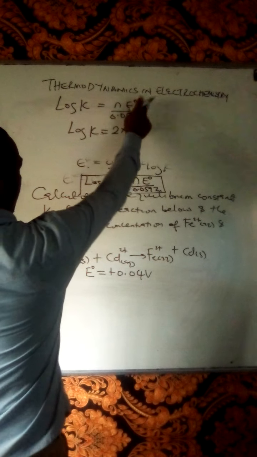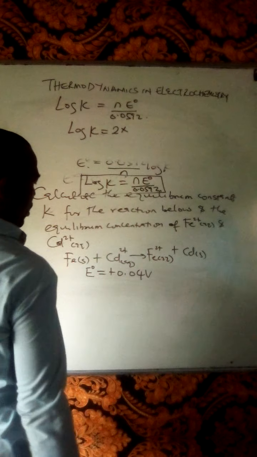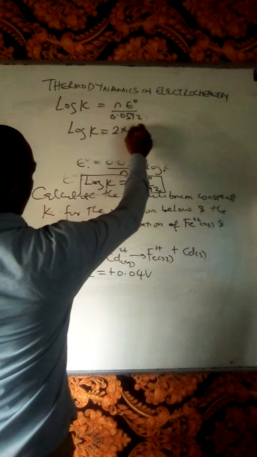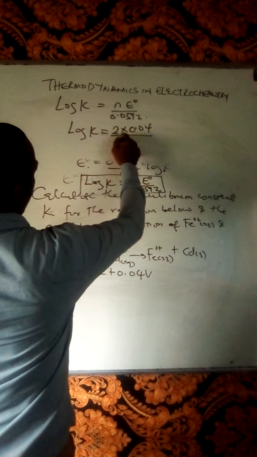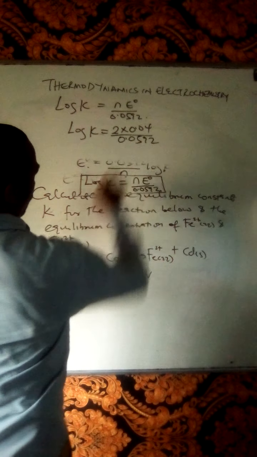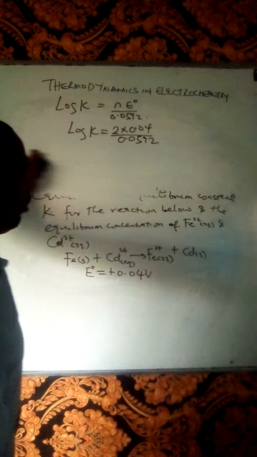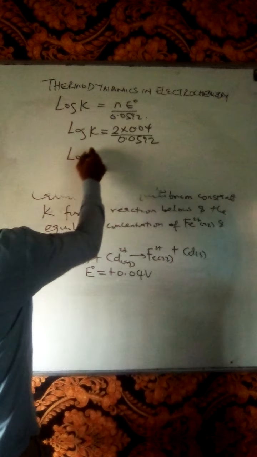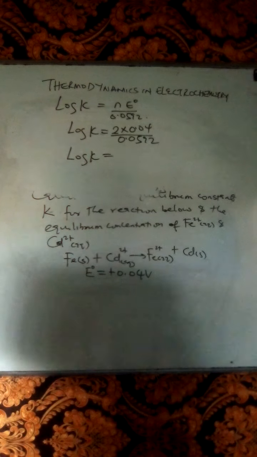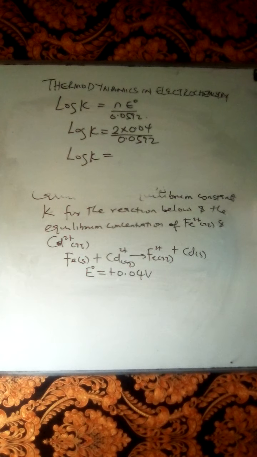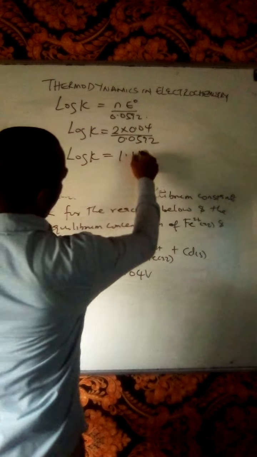Then the standard potential is 0.04 all over 0.0592. So solving for log K, we use a calculator to press this and get the answer. So log K will give us 1.4.